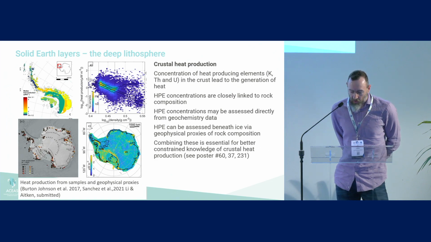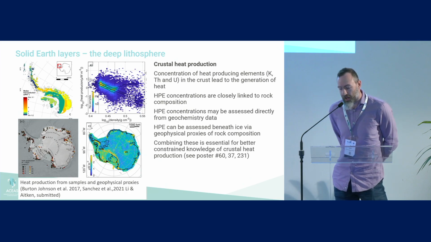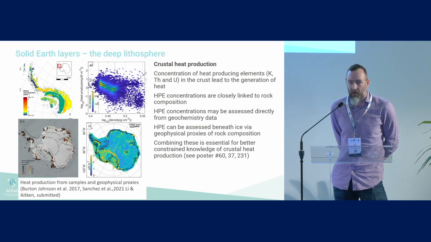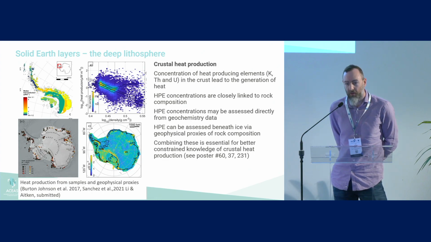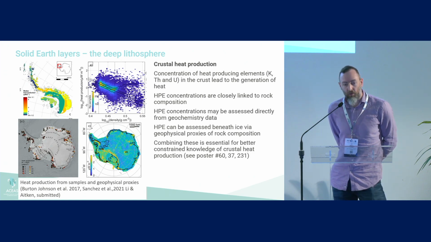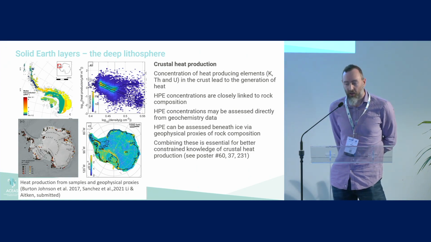Crustal heat production is really important for heat flux, and it's really not that well understood in most of the world, especially in Antarctica, where we don't have much sampling of geology under most of the ice sheet. But it is closely linked to the composition of rocks, and we can understand the heat production by understanding our composition better.